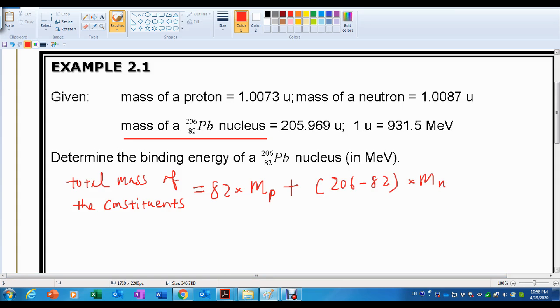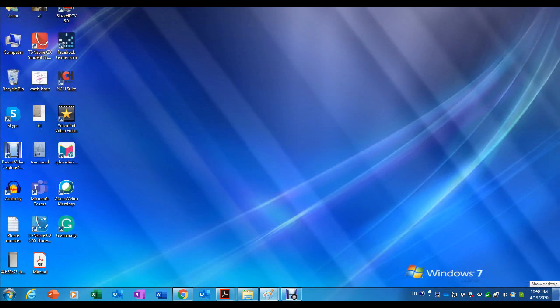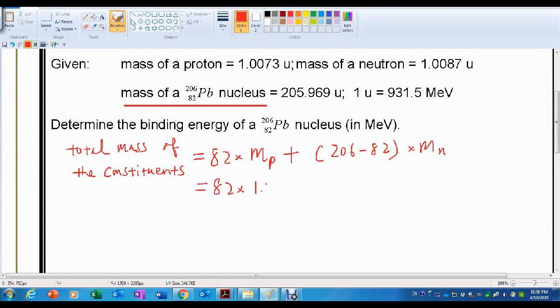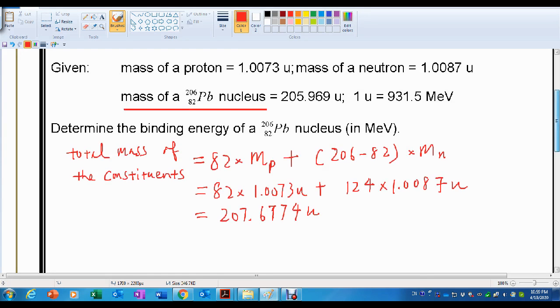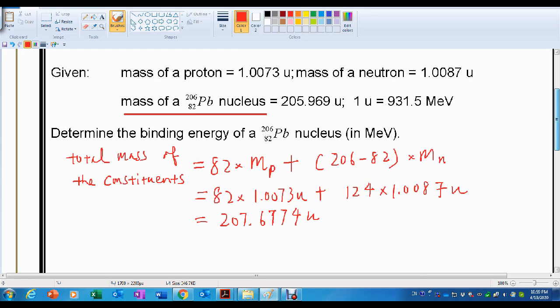That's the total mass of the constituents. Let me substitute the numbers.